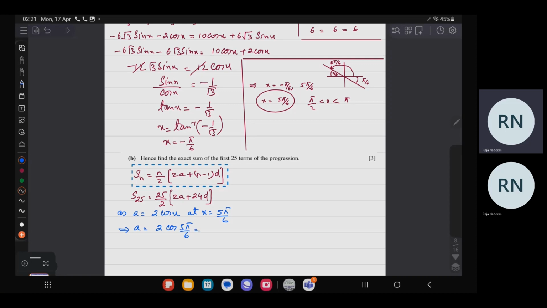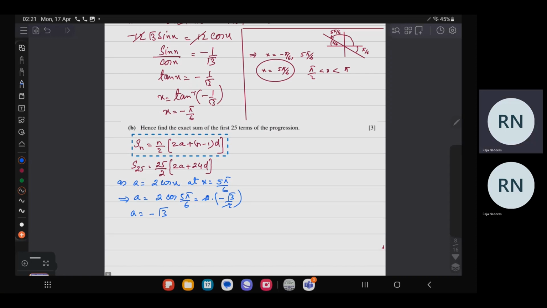When you use the calculator, it will give you this answer: minus root 3 over 2. The 2 will cancel, so the value of a would be equal to minus root 3. This is the value of a.